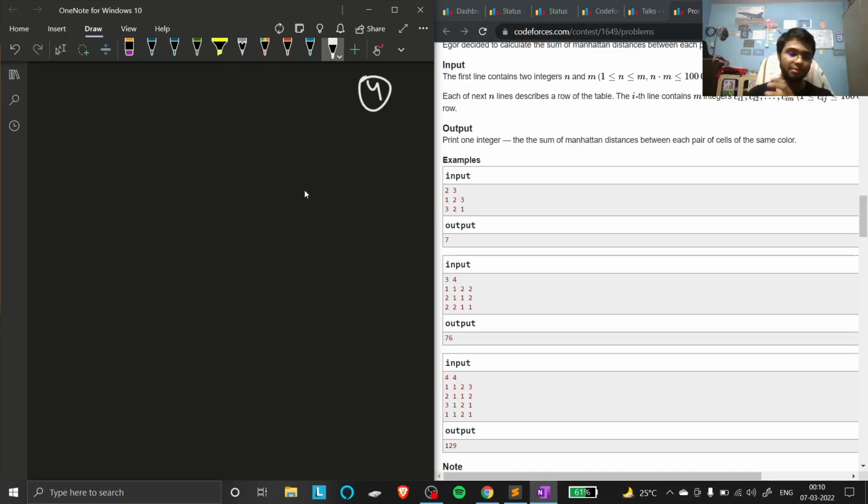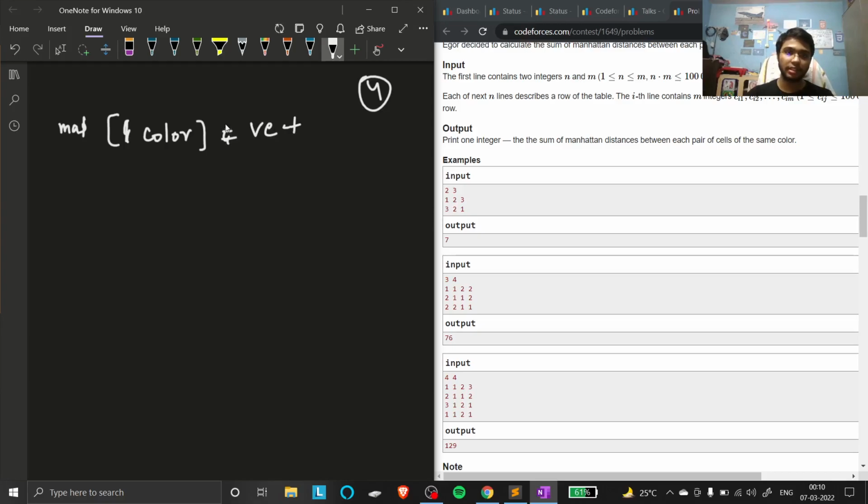So let's see what he told me. You can observe the things. What you need to do is store a map in which you take every color and equate it with a vector.